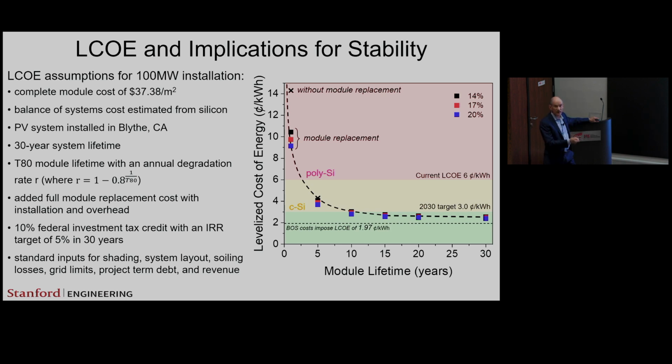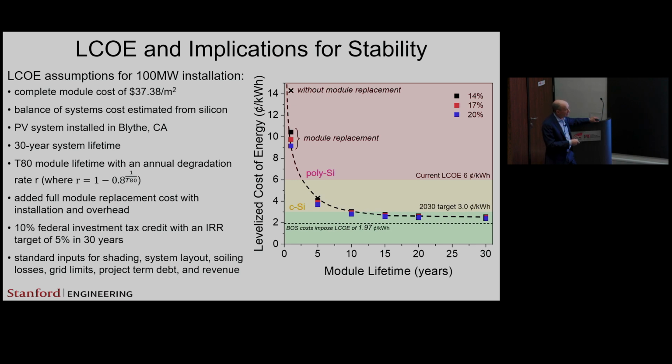This is all manufacturing in China, which is much more expensive to manufacture. Manufacturing in California, which is more expensive than if we were doing it in China. The system has to have a 30-year lifetime. Okay, so this is the levelized cost of electricity. This is the module lifetime of the perovskite modules, but the installation has to last for 30 years.